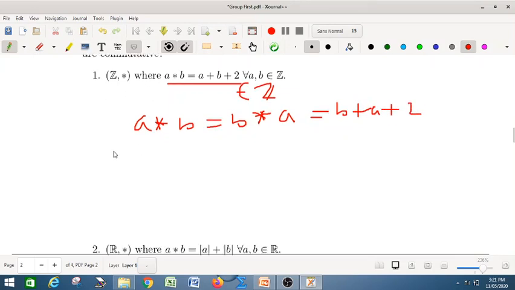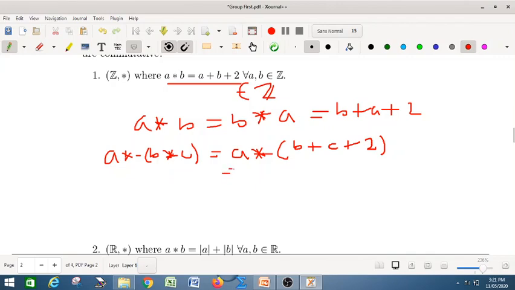Now look at the associative property. So we have to check A star (B star C) is equal to A star (B plus C plus 2), according to the definition of the composition. So it will be nothing but A plus B plus C plus 2 plus 2 according to the definition. So it is A plus B plus C plus 4. Now let's check (A star B) star C first.